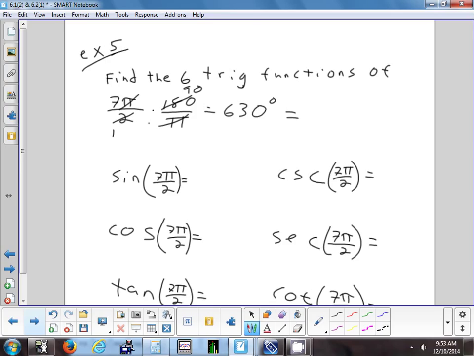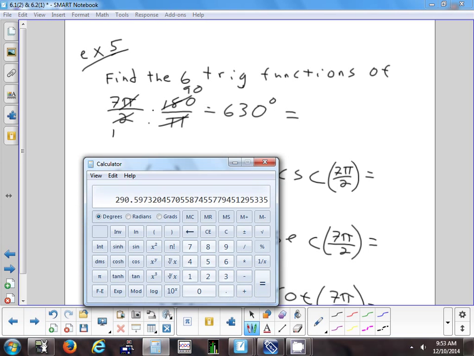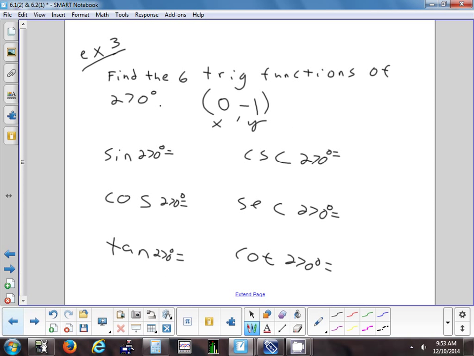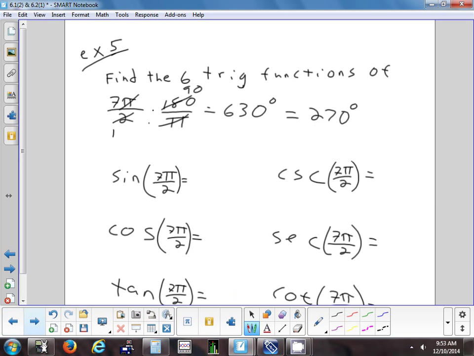We talked about this. I want an angle that's coterminal with 630, but I want it smaller so I can work with it. Yeah, just subtract 360. And it's the same as 270, which is a problem we just did back in example 3. So example 3 and example 5, same problem. All the same answers.